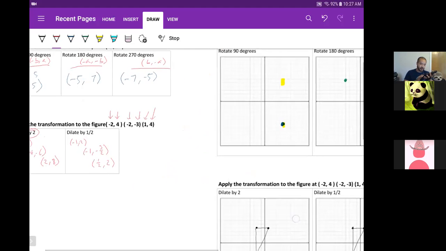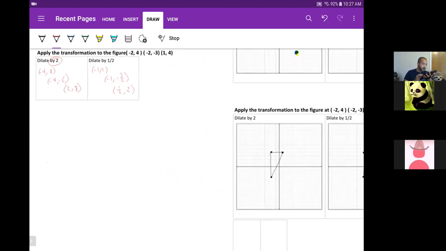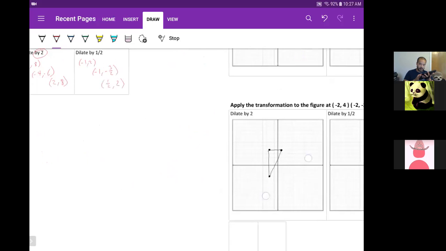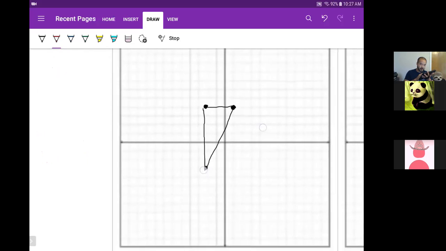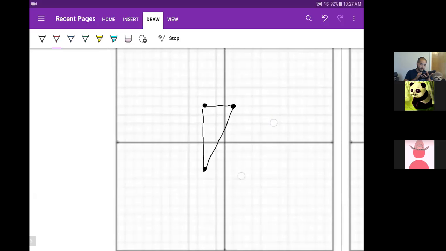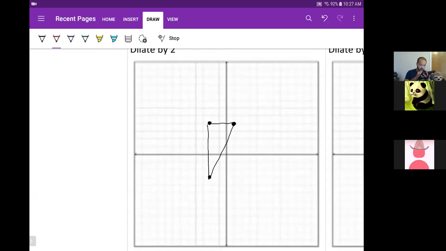Let's graph these. So the first one was -4, 8, -4, 6, and then 2, 8. So an 8, 4, 5, 6, 7, 8. I think that's here. And then 2 and 8 here. And then 6 should be here. So when you dilate by 2, this thing doubles in size, and now you have this.